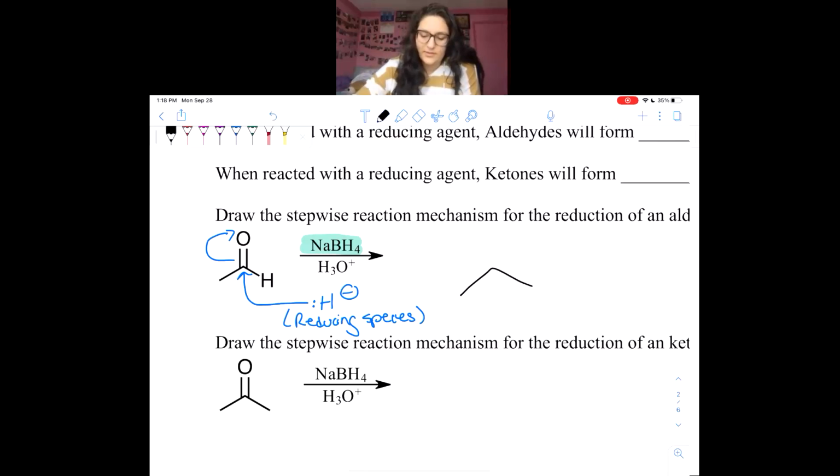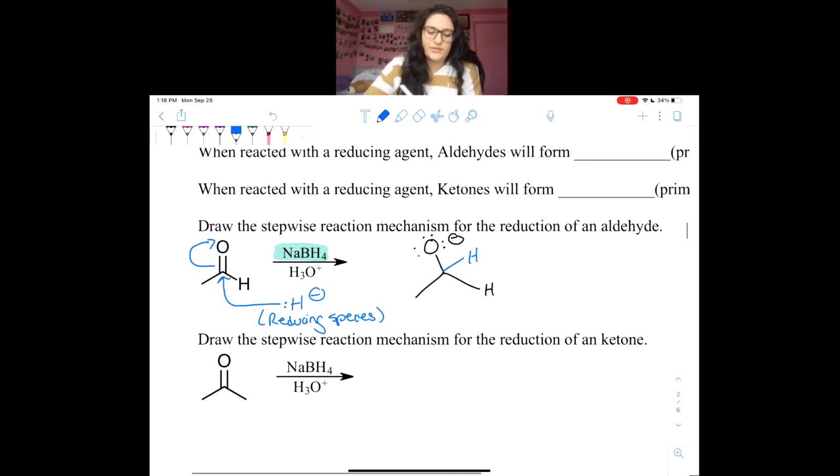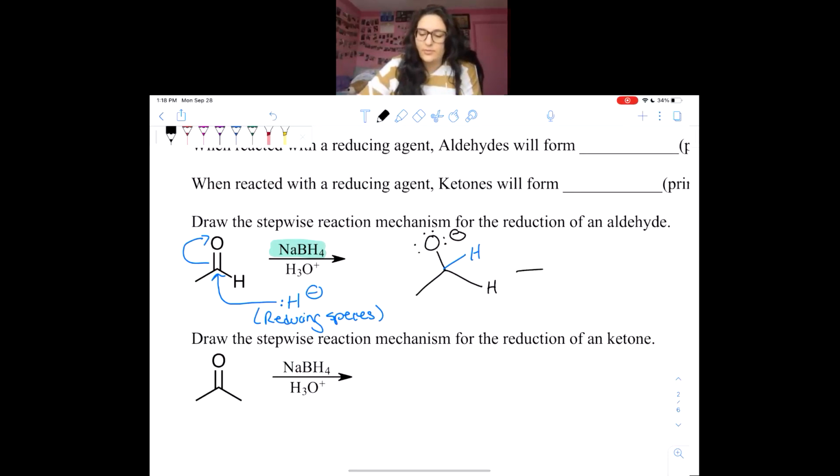So we are going to get a negative charge on the oxygen. And now we have an extra hydrogen bonded to this carbon. And now in solution, we have H3O plus. So what do you guys think the next step in this mechanism will be?